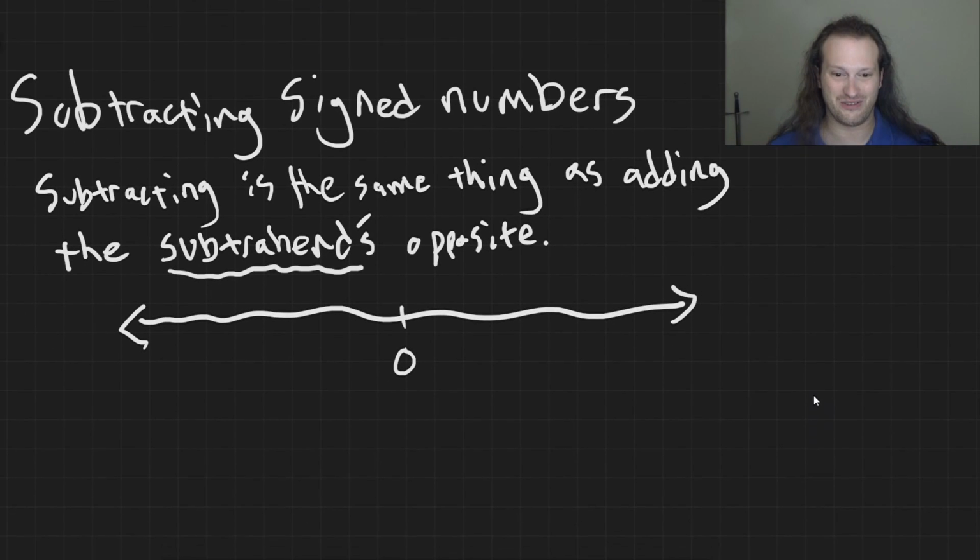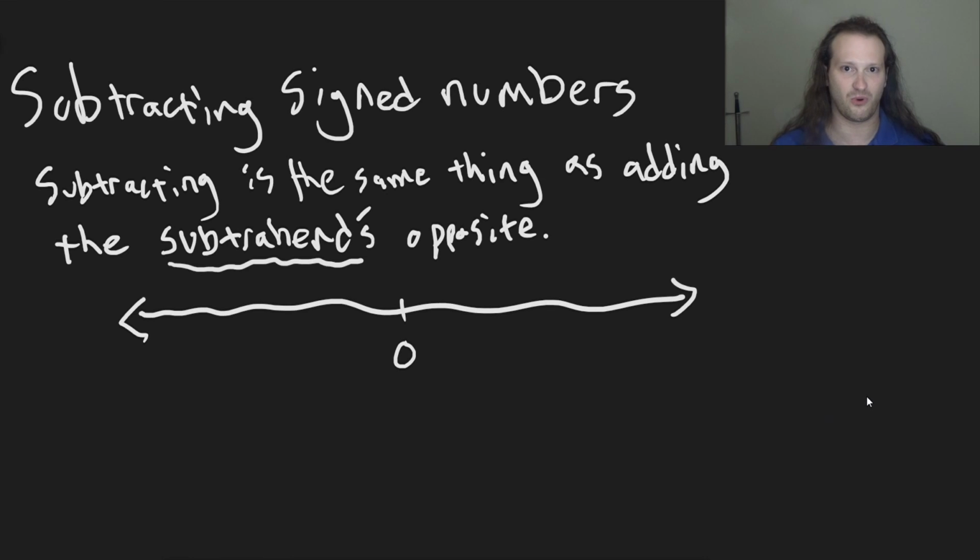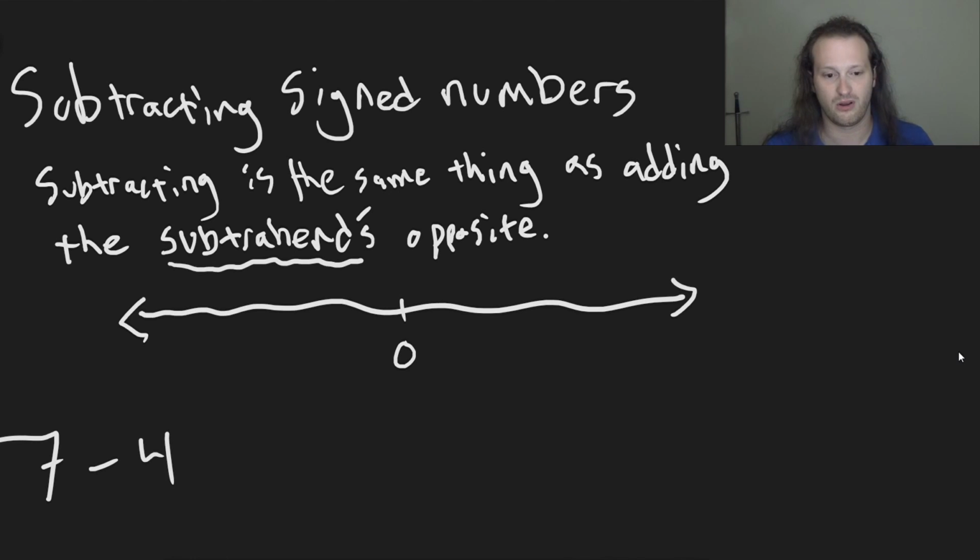What in the world is a subtrahend? It's the very fancy word for the second number in a subtraction problem. For instance, if I want 7 minus 4, 4 is that subtrahend. I don't want or expect you to memorize this word.